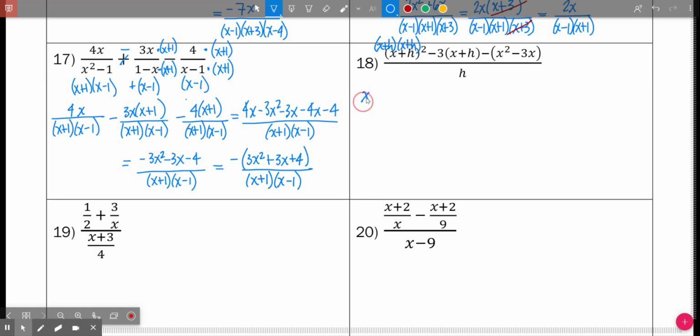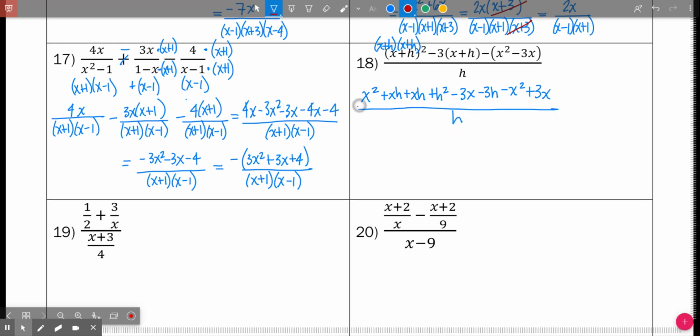So this becomes x squared plus xh plus xh plus h squared minus 3x minus 3h minus x squared plus 3x all over h.